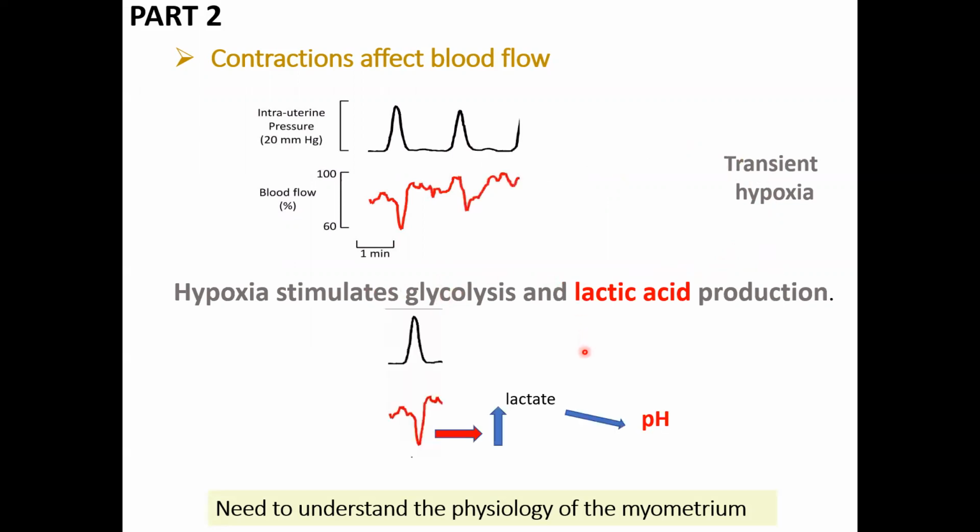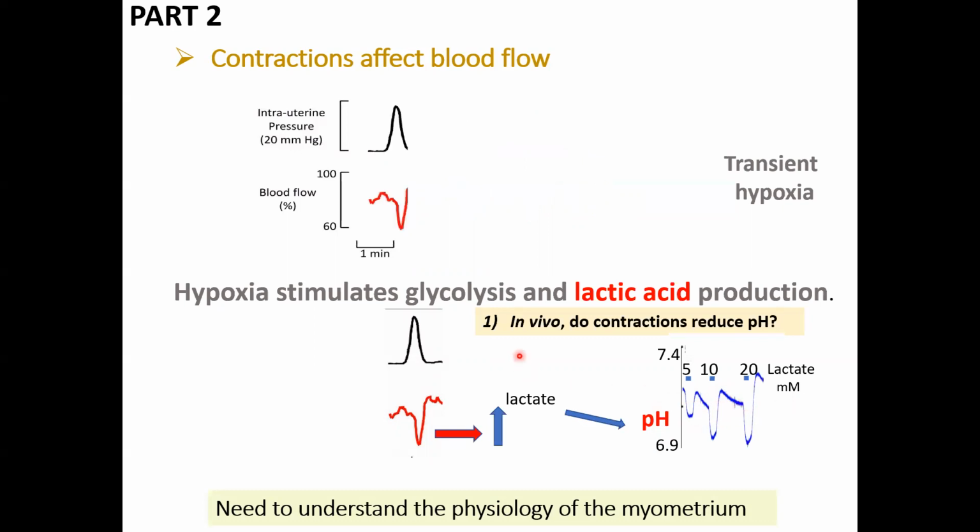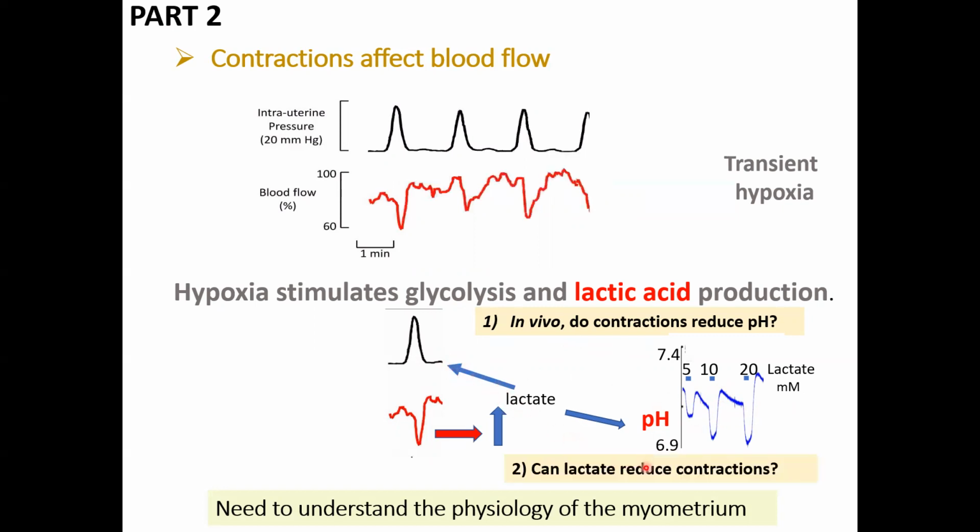So that made me ask, if lactate's increasing, presumably that will reduce pH. That's just in vitro measurements. Yes, of course, a weak acid reduces pH. But in vivo, do we get a reduction in pH? And secondly, does the lactate that's increasing during this contraction, because it's an acid, reduce contractions?